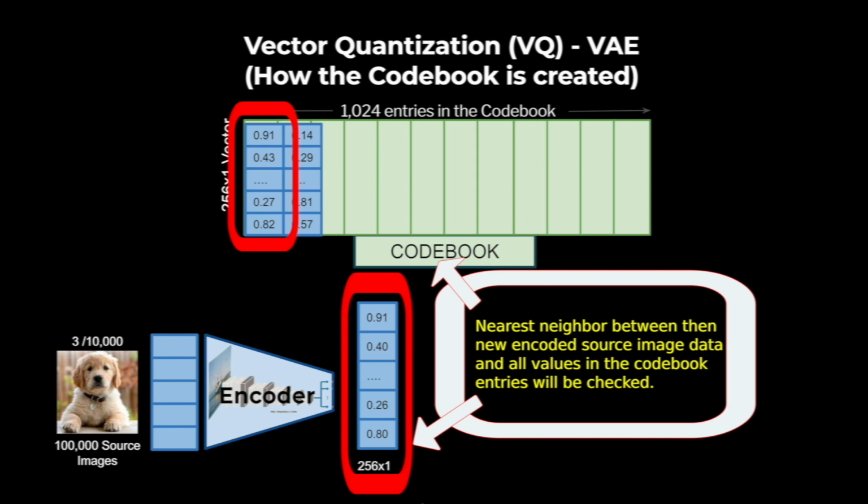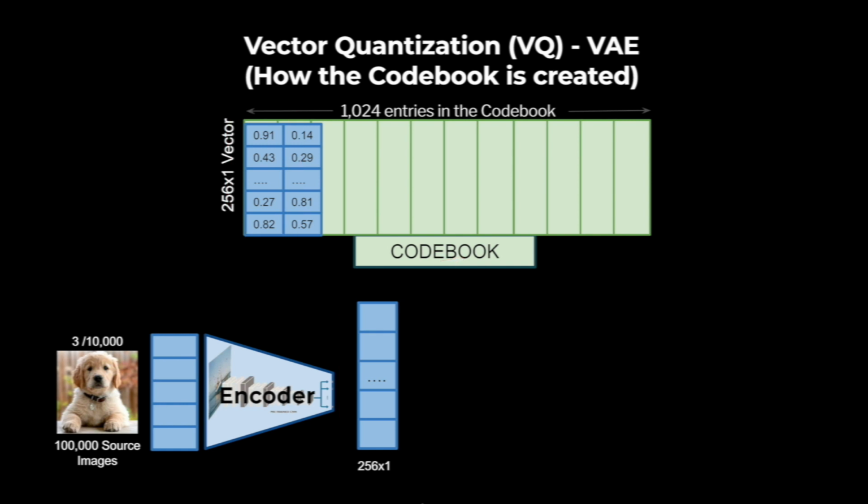Then the entry in the codebook is replaced by the third image's encoded value. So you must remember that the first and the third images have similar latent vectors. It means that both images' features are stored inside the codebook, so there is no significant feature loss. Yes, there is, but just a little. However, if the latent vector size is larger, then the loss will be minimal.